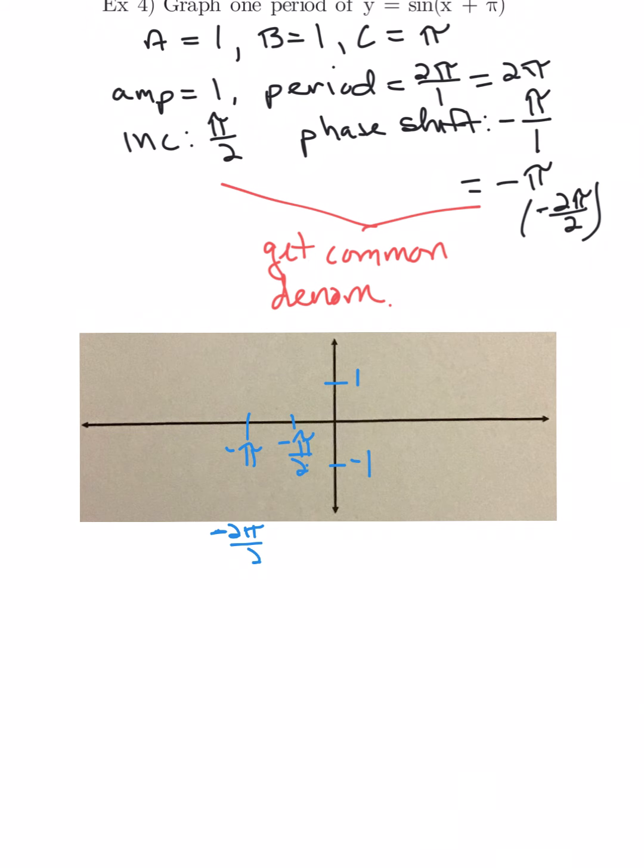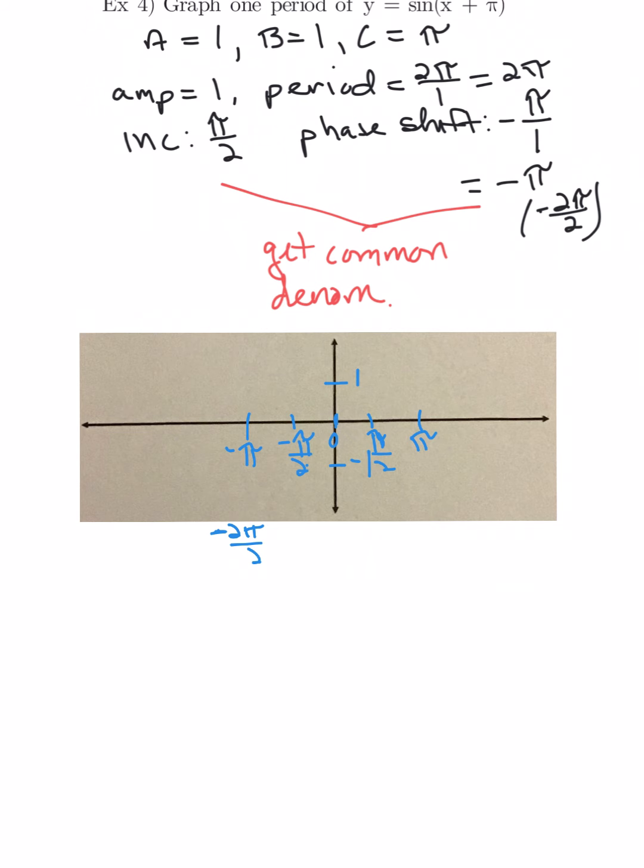Negative pi over 2 plus pi over 2 puts me at 0 for my next label. 0 plus pi over 2 puts me at positive pi over 2 for my next label. Pi over 2 plus pi over 2 is 2 pi over 2, which is pi. And now I have my 5 labels, which have created 4 equal pieces.